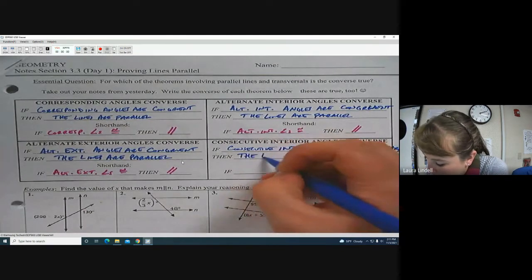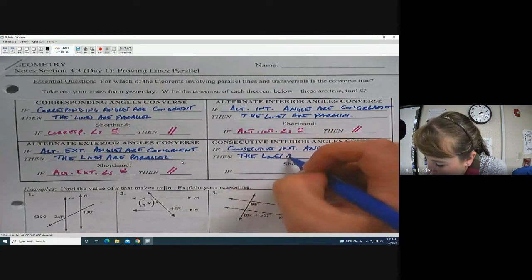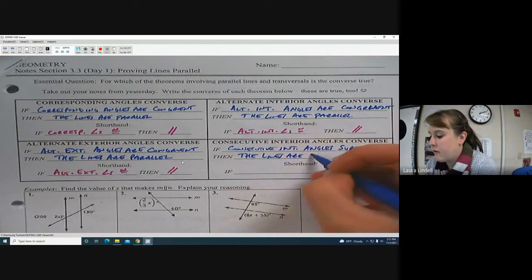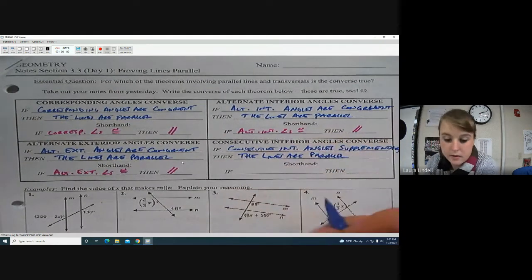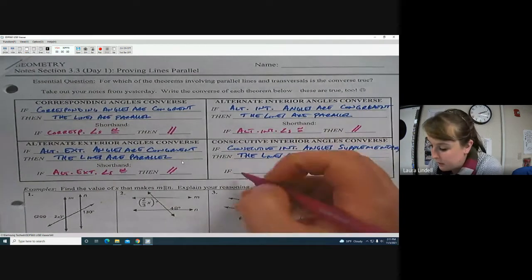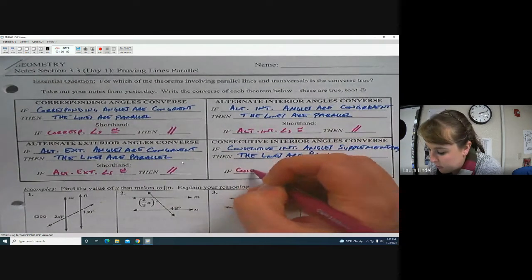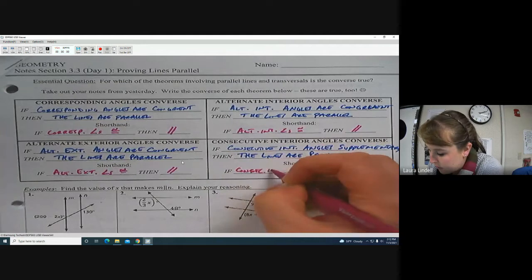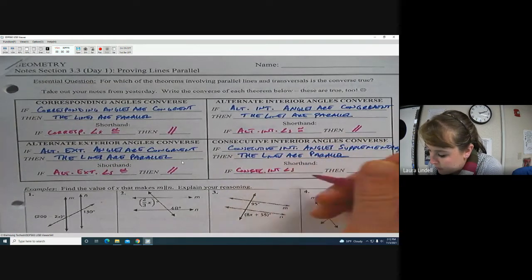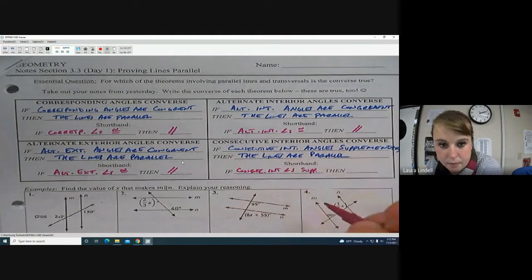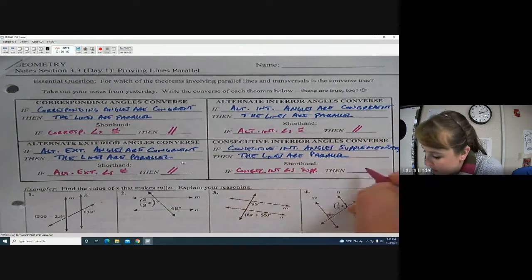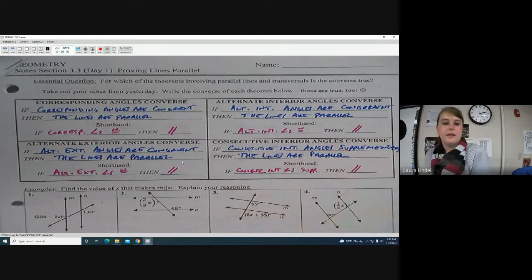Same conclusion. So same kind of thing, abbreviating here. If consecutive interior angles supplementary, I'm going to abbreviate that with just sup. Then we have parallel lines.